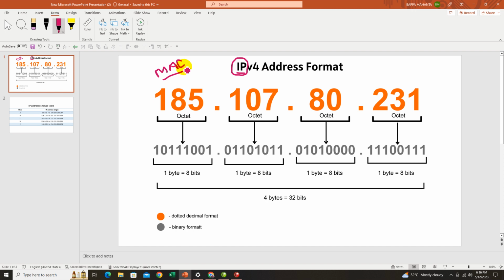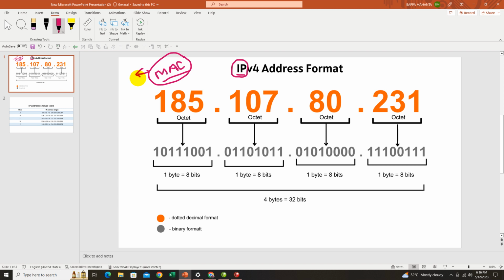This address is mentioned right on your network interface card, your NIC card. The NIC card exists in your computer, which is why you get an RJ45 port.